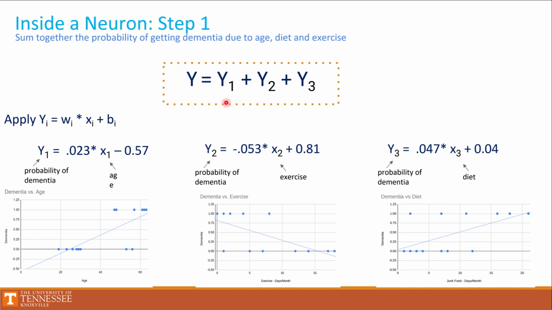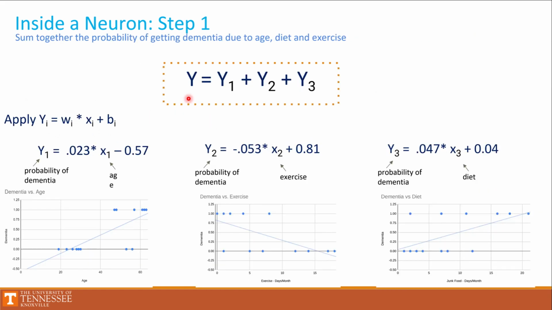Every y basically tells me the probability that dementia will develop because of that particular parameter. And this is the very classic formula we have, y equals wx plus b. To have the right relationship between y and x, what we have to adjust is the weights and bias.